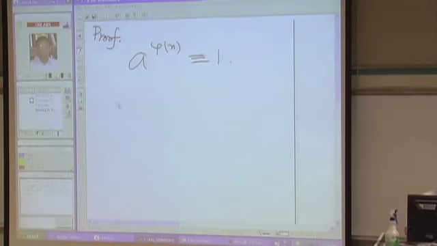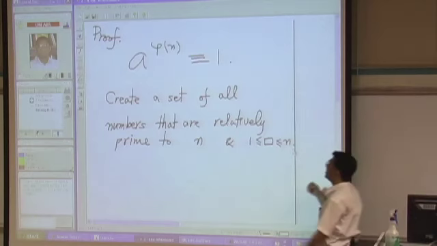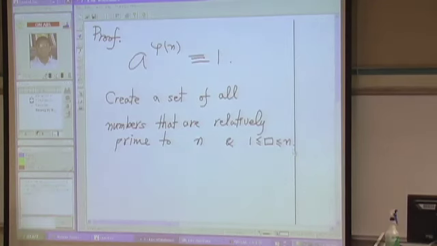First of all, consider the set. We pick all positive numbers which are relatively prime to the given number n, between 1 and n.